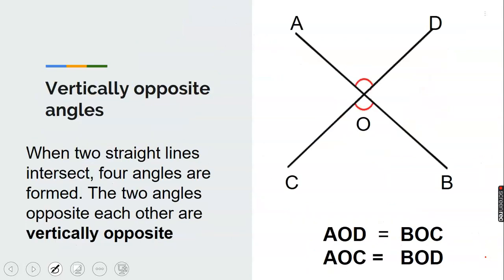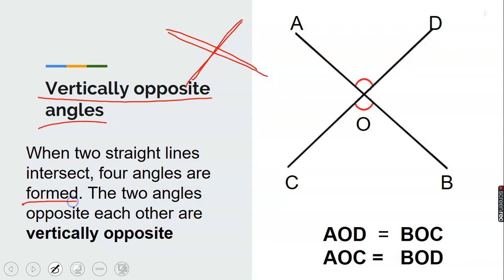Now, we move to vertically opposite angles. You can see, just like in the case of your plier or scissors, it crosses like this. When two straight lines intersect, like the one I just drew, 4 angles are formed.